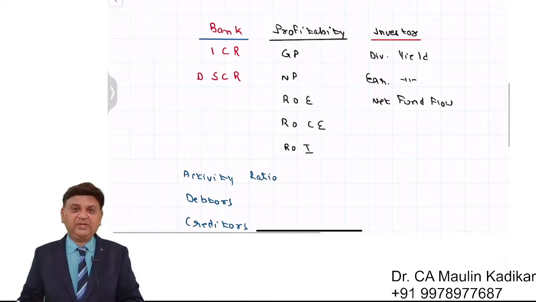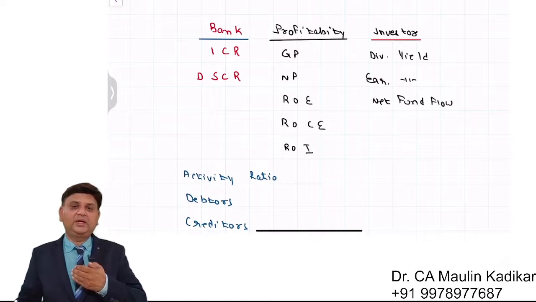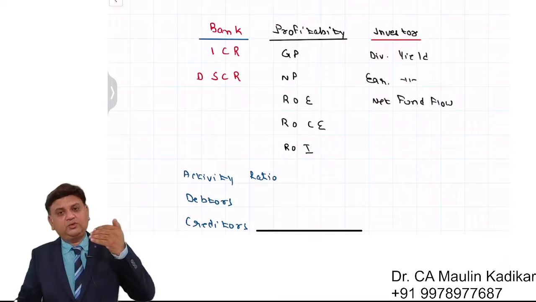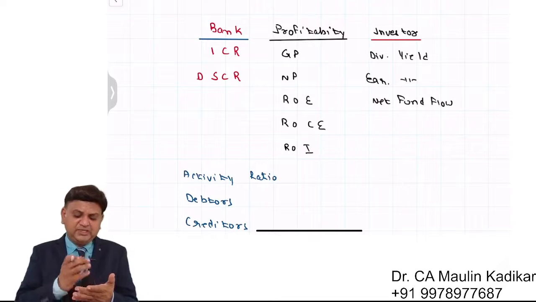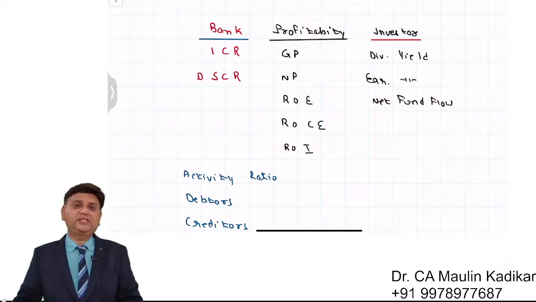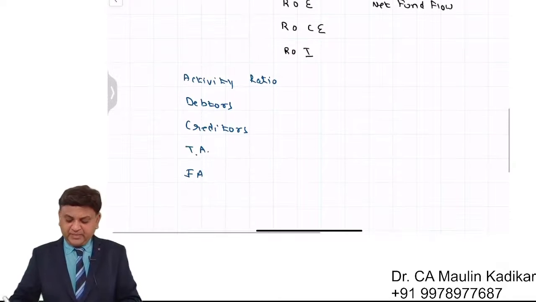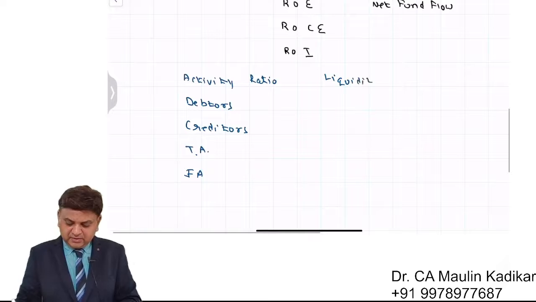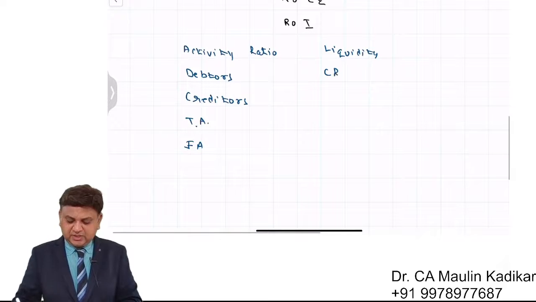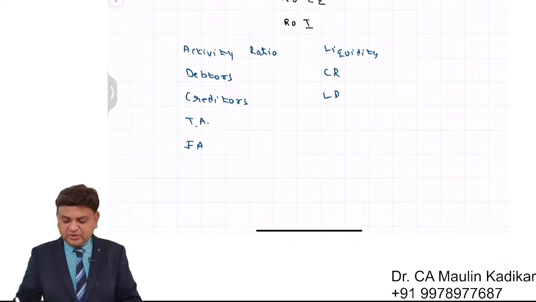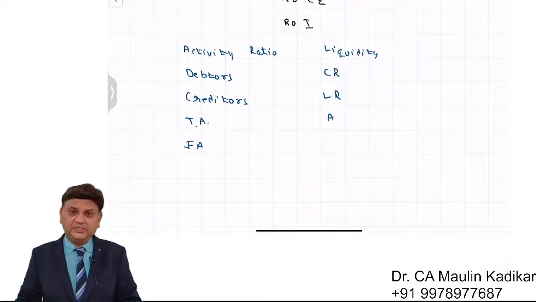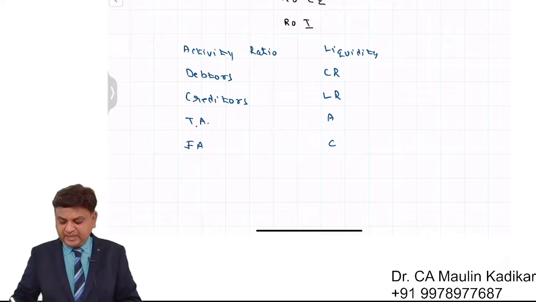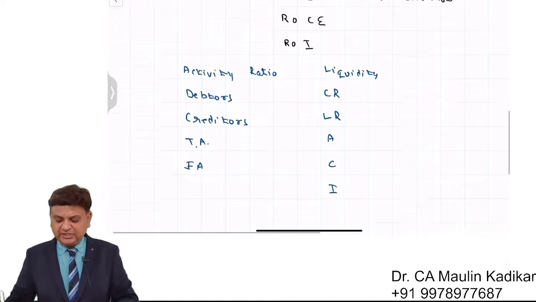So these activity ratios will help the management of the company to draw a conclusion how far we are using the assets of the business. Then to measure the liquidity, we have certain ratios like current ratio, liquidity ratio, absolute cash ratio, cash position to total assets ratio, and cash interval or cash defense ratio.